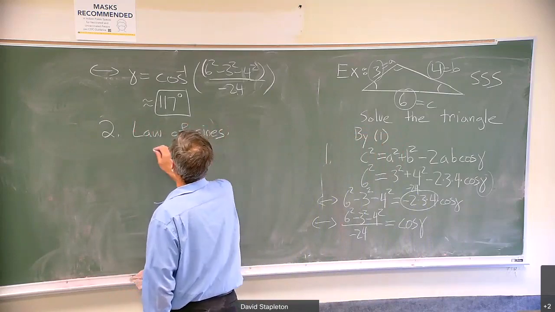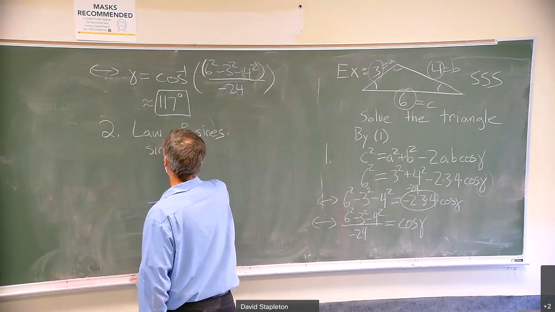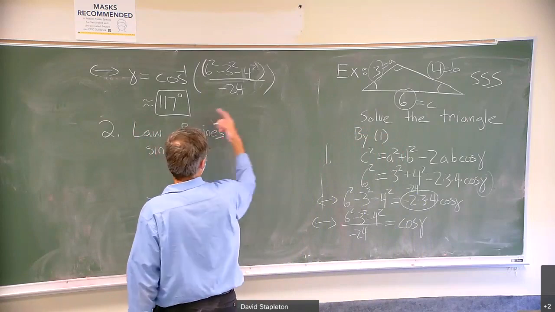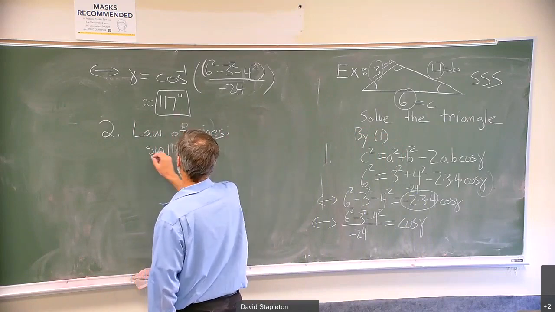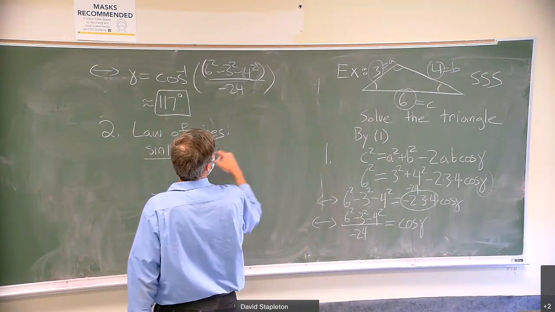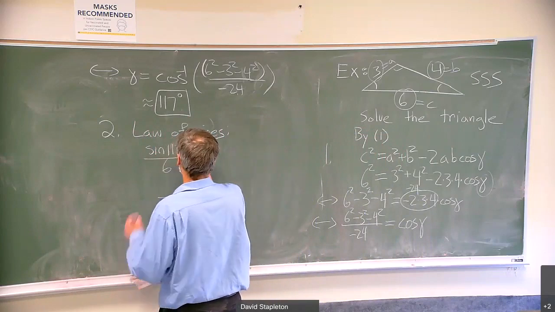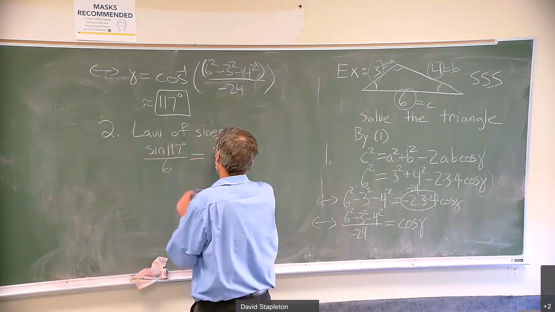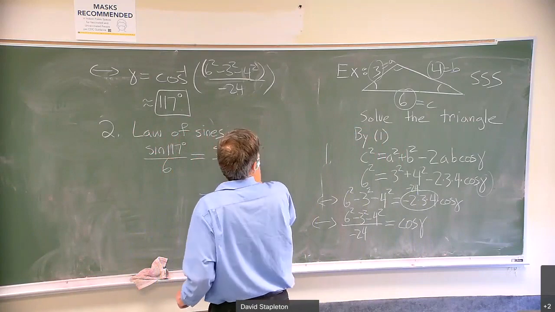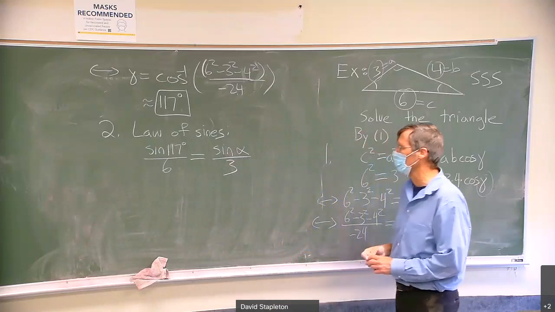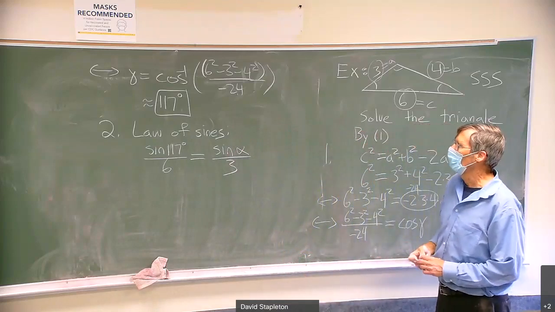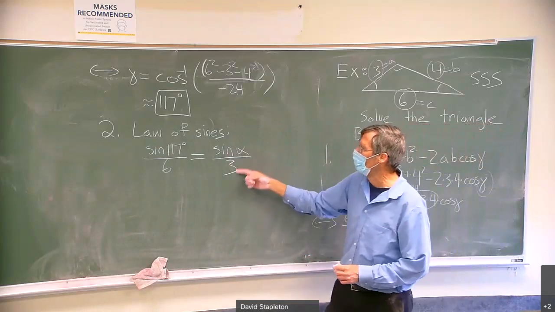So the law of sines now says that the sine of gamma, the angle I found, I need to use here. Otherwise, I don't have enough information. I just have sides. But now that I have this angle, I can use the law of sines. Sine of 117 is to C, its opposite side, 6, as sine of alpha is to A, which was 3. So there's one of the three equations for law of sines that has only one unknown in it.